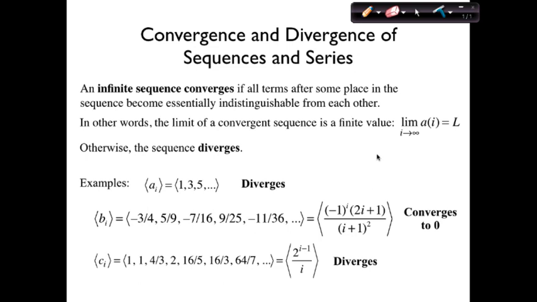Questions on that? Yeah, please. So even in B, even though it switches between positive and negative, it's still convergent. Yes, a good question. If they were all positive, you'd be fine with that, right? So if we think about the values of the sequence, B sub I on the y-axis and values of I on the x-axis, what are we going to see?